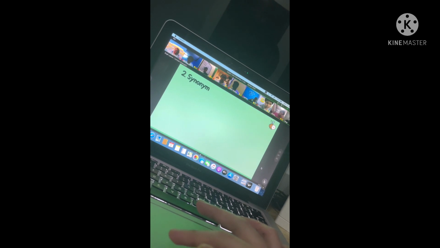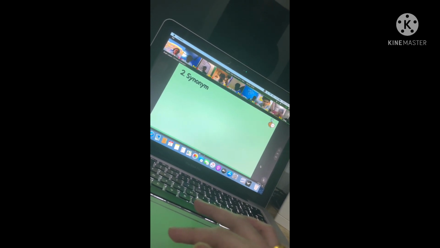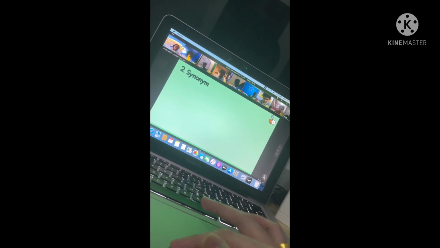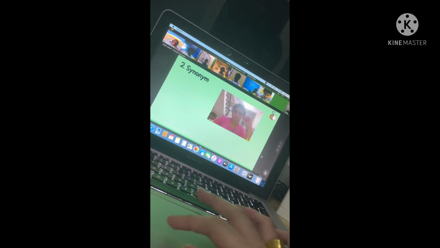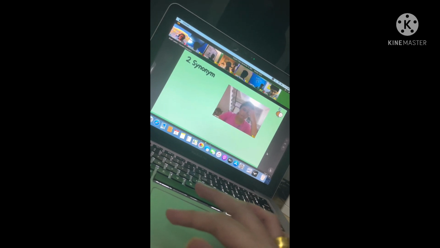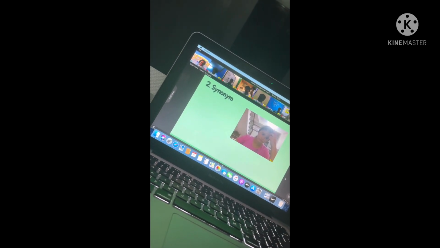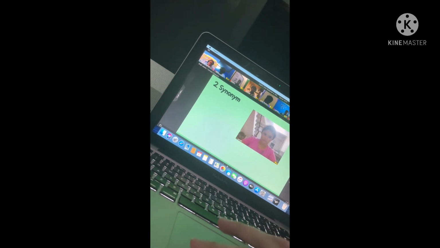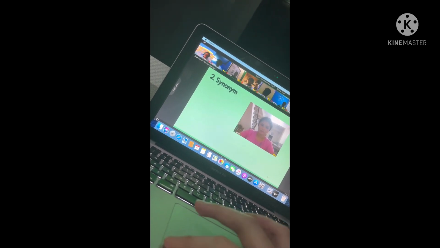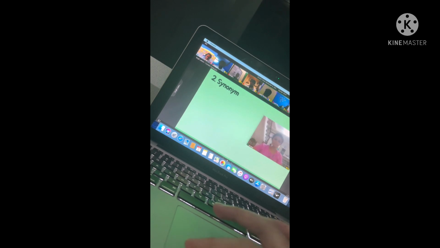Another is synonym. Who knows what the meaning of the synonym is? Okay, Jamila, ano ang sabihin ng synonym? Same word or opposite words? With the same meaning or the same opposite meaning? Synonyms. Same meaning.